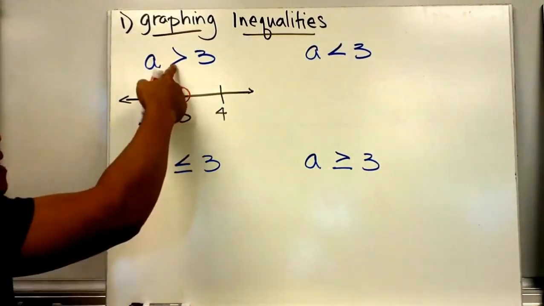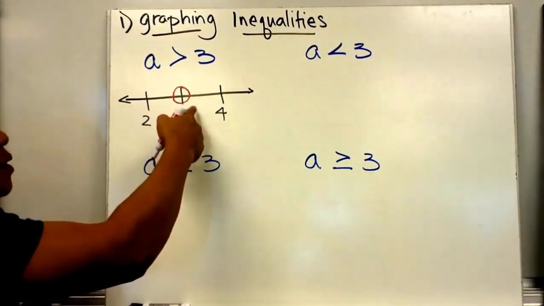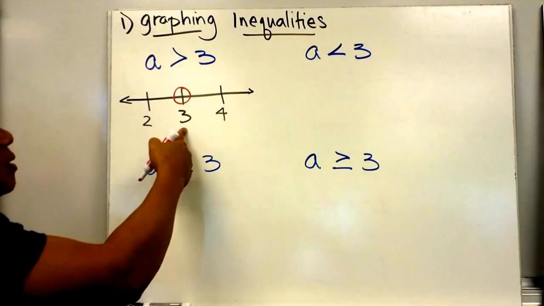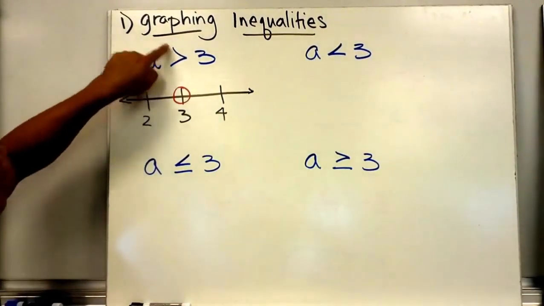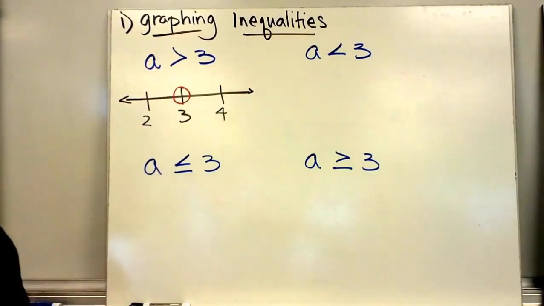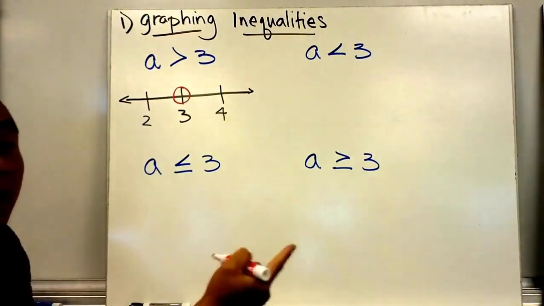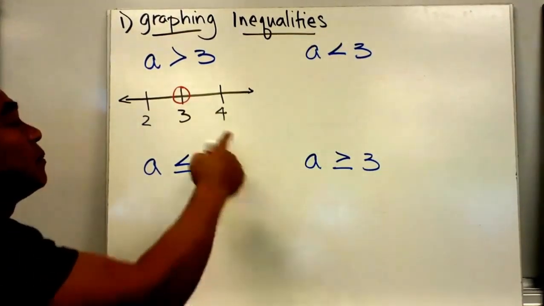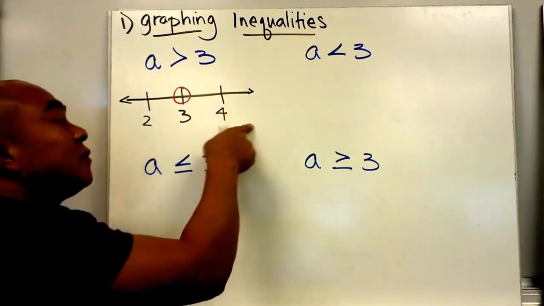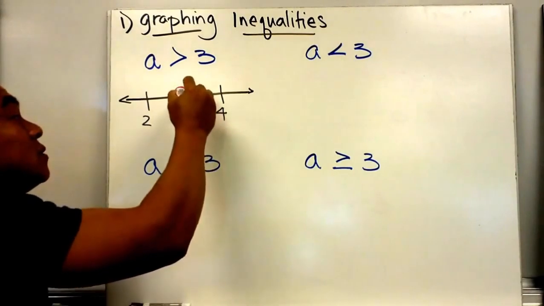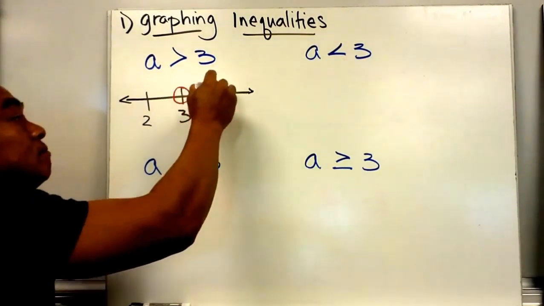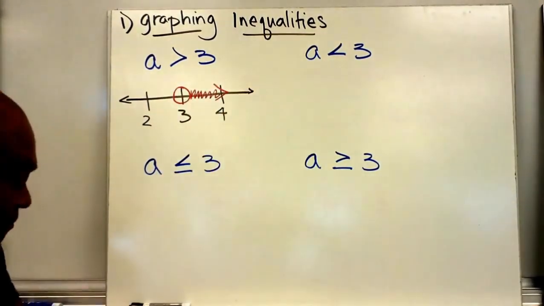Anytime I see that, I'm going to start off with the open circle on top of my number 3. Then I'm going to ask myself, what numbers are greater than 3? Well, the numbers that are greater than 3 are 4, 5, 10, 10,000, 3 million. So it's basically all of those numbers that are going to go past 3. So all I'm going to do here is draw an arrow, and that's it.